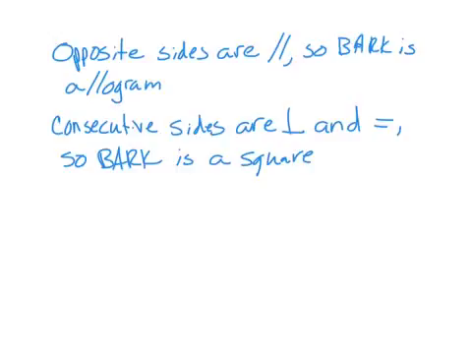And then I know I said 3 statements, but we can do this in 2. The second statement is consecutive sides are perpendicular and equal, so BARK is a square. So it takes a little more work to prove that a quadrilateral is a square compared to a rectangle and a rhombus. And I think we're going to save the trapezoid. We'll do that together in class.